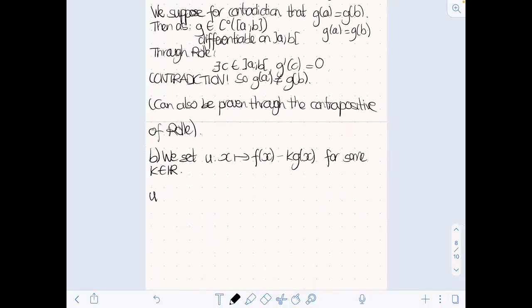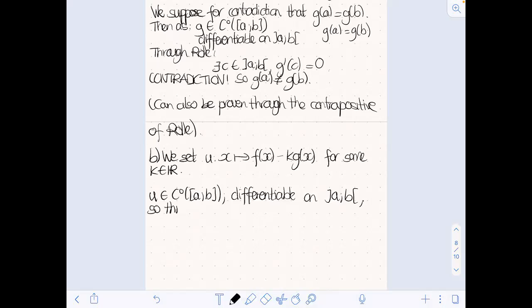What we know is that u is continuous on the closed interval AB and differentiable on the open interval. That's a direct consequence of the properties of f and g.